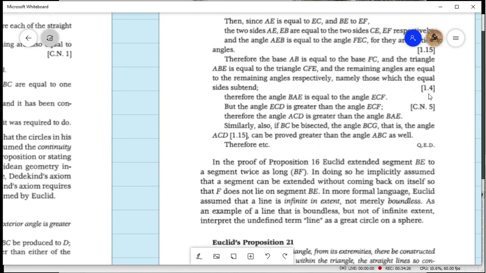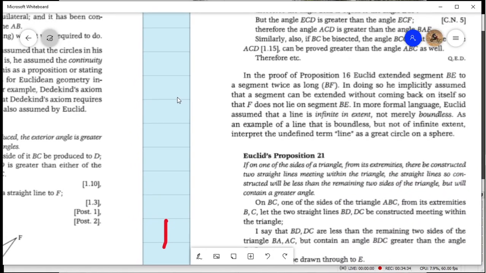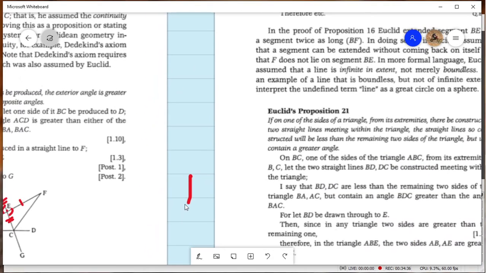And that is proposition 4 of Euclid. Therefore, angle BAE is equal to angle FCE.